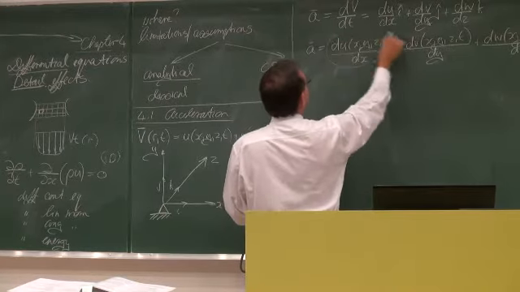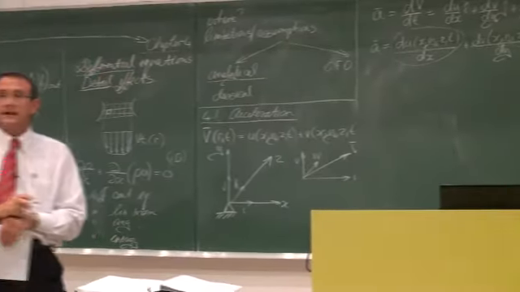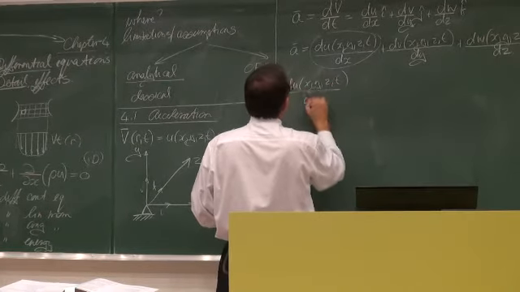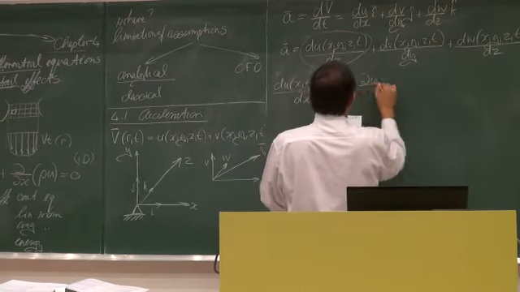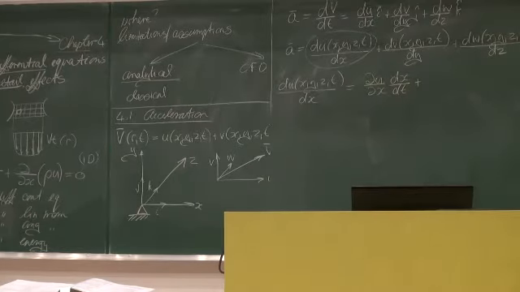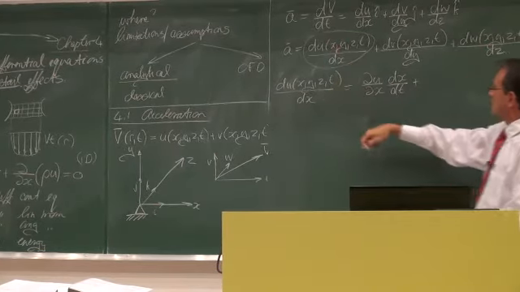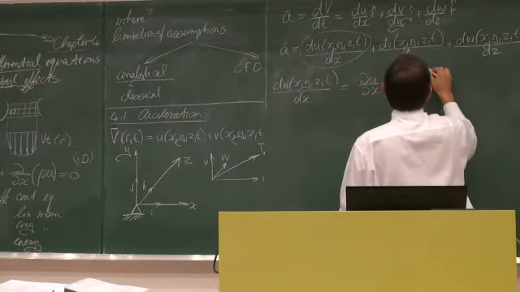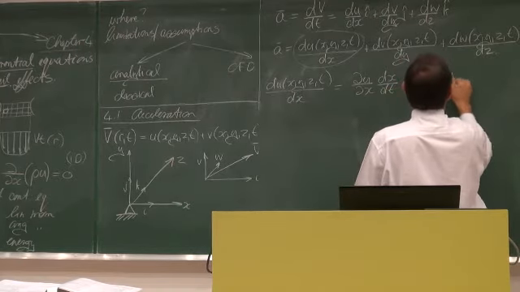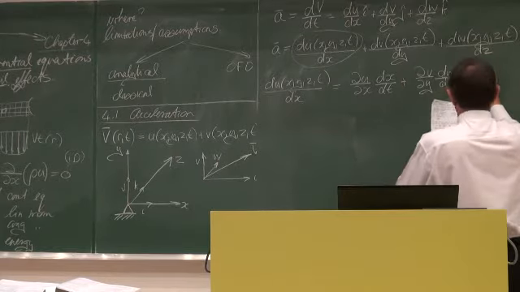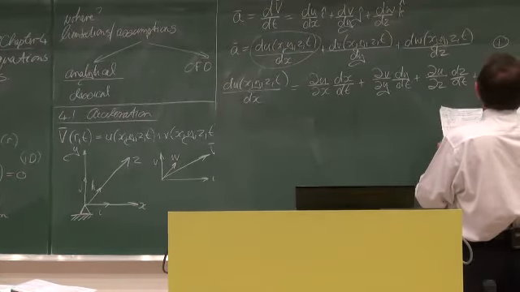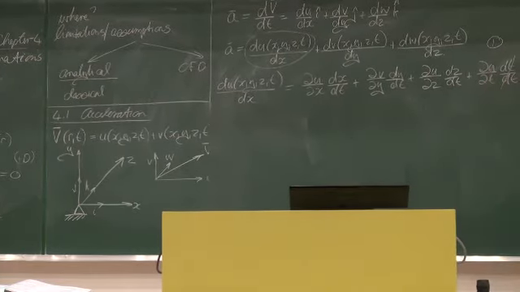Let's first look at the first term; we'll do it for each term separately. For du(x, y, z, t), we get partial du dx multiplied by dx dt, plus partial du dy multiplied by dy dt, plus partial du dz multiplied by dz dt, plus partial du dt multiplied by dt dt, and dt dt is equal to 1.